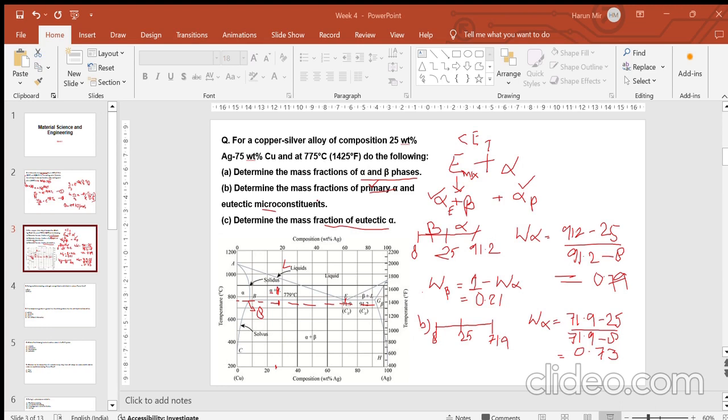So anybody can attempt this question, the part C. You can try to attempt it, even if it is wrong, we can try to solve it later.